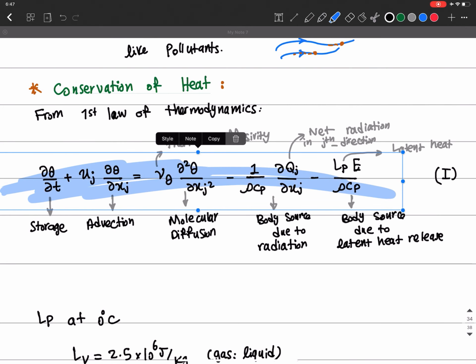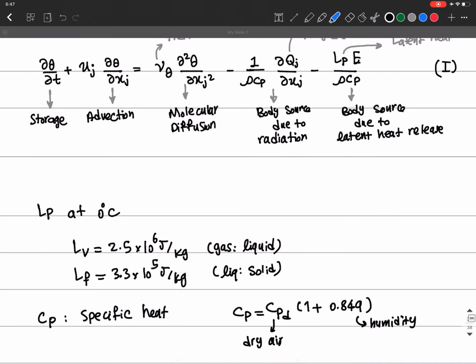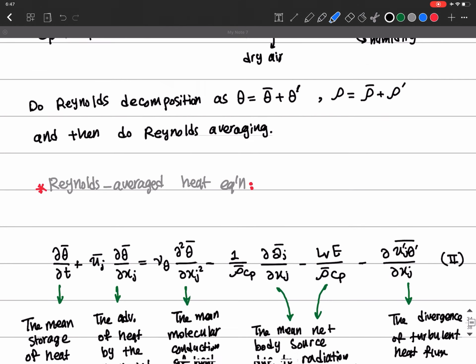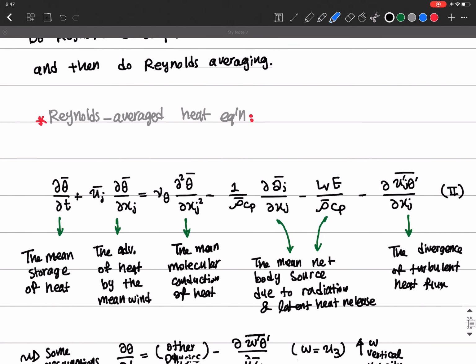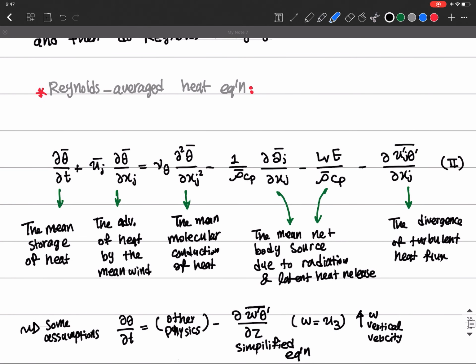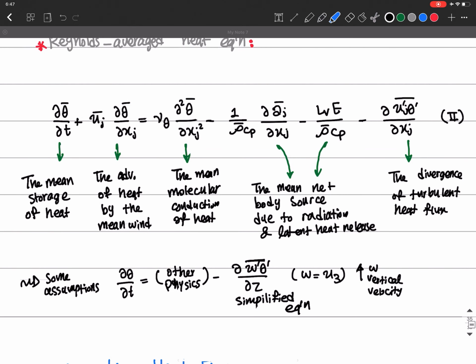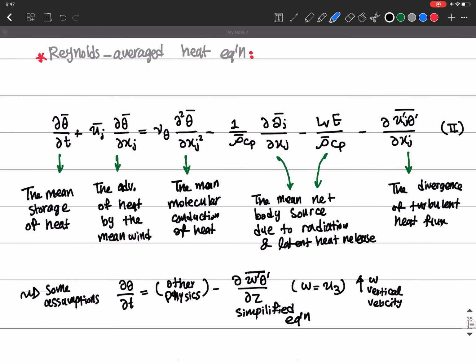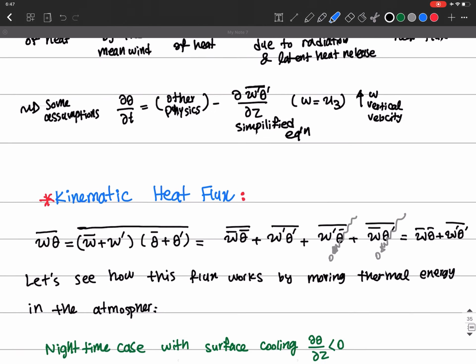We discussed the different terms in this equation. We did the Reynolds average heat equation, so we did Reynolds decomposition and looked at the Reynolds average, and looked at different terms.